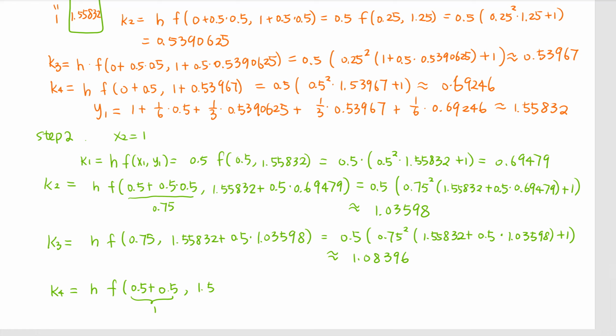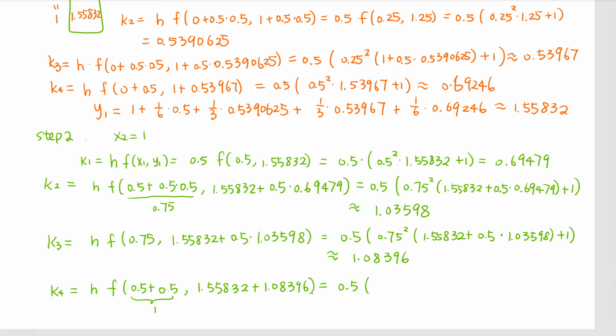Y1 is 1.55832 plus K3. K3 is 1.08396. So that equals H is 0.5.